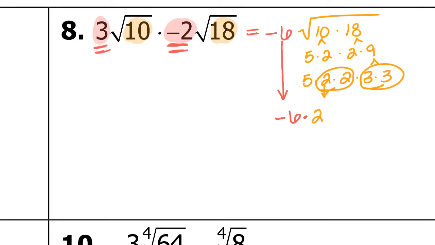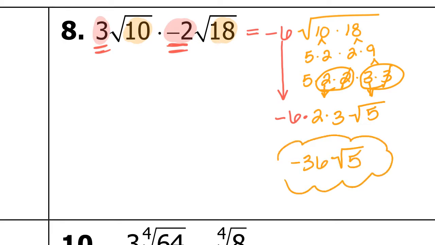So the first 2 gets out, the second does not. The first 3 gets out, the second does not, and I only have a 5 left behind, so I have a radical of 5. So if I multiply -6 times 2 times 3, I get -36 square roots of 5. So the important thing here is to remember that coefficients multiply to coefficients, radicands multiply to radicands.